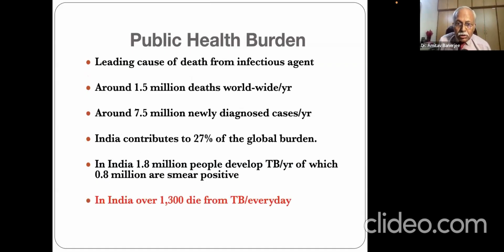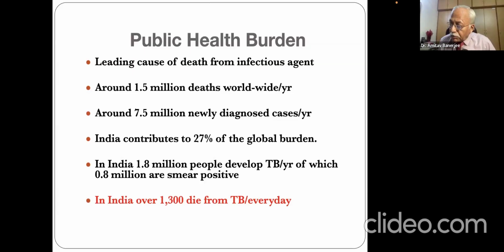As we all know, TB is a leading cause of death, with globally about 1.5 million deaths every year and 7.5 million newly diagnosed, that is, incident cases. And India contributes 27% of the global burden. So I was a bit concerned about this. I thought that maybe we have a large population.